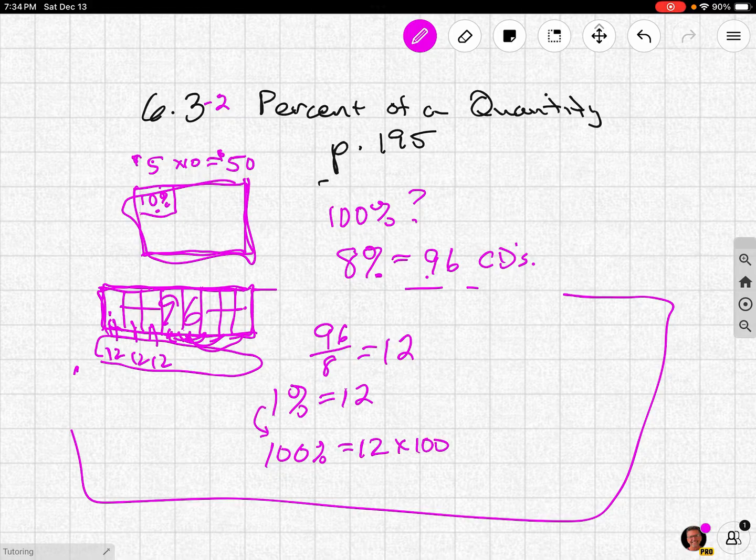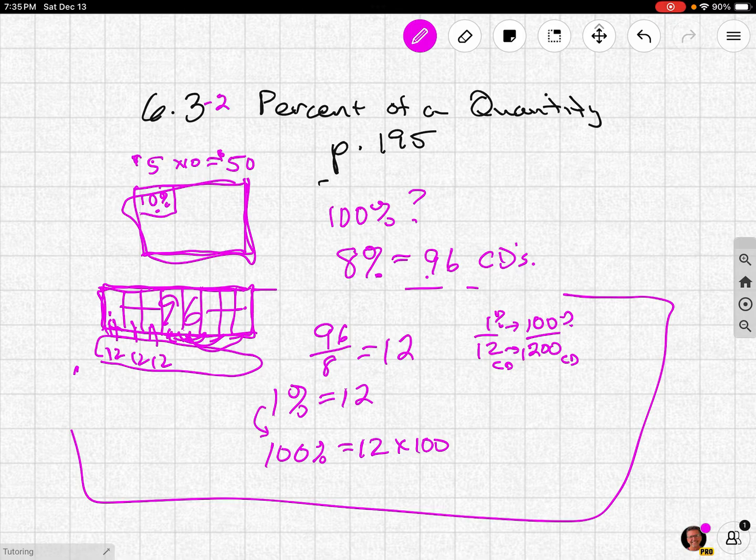Think of it this way: 1% is 12, like a ratio. So 100%, when 1% is 12, is 1,200 CDs. I probably should have put CDs down there.